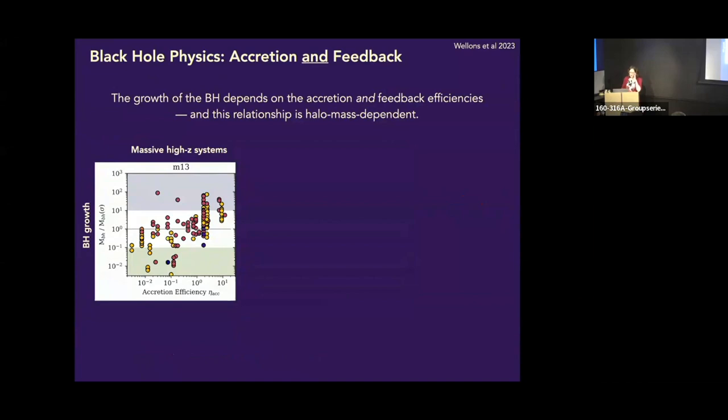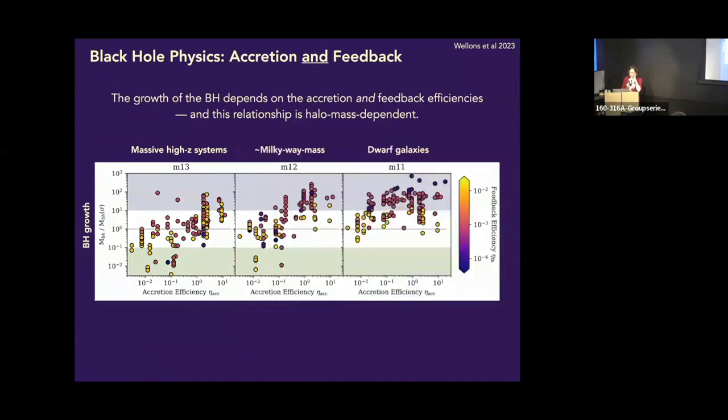But if we look at the lower mass systems, particularly in the dwarf galaxy regime, that trend kind of goes away and is replaced by a color gradient, where the color indicates the feedback efficiency, where models with stronger feedback are more self-regulating the black hole and stopping it from growing. So depending on which end of the mass spectrum you are, you can have a stronger effect from changing the accretion efficiency versus the feedback efficiency.